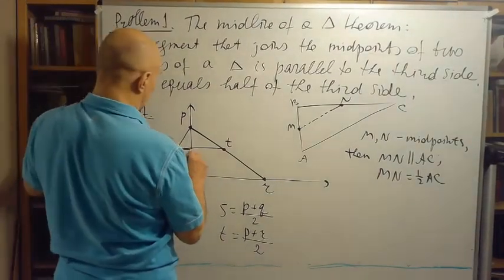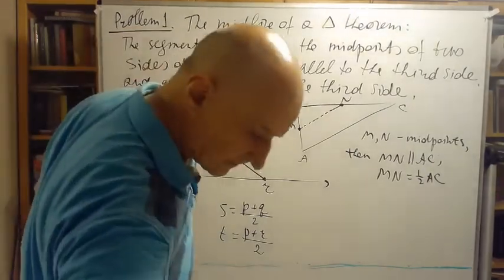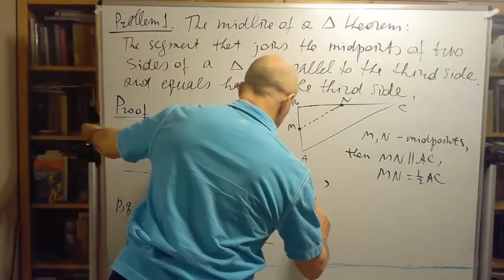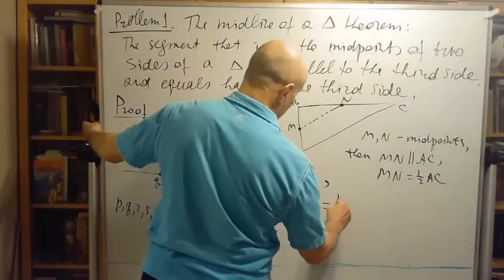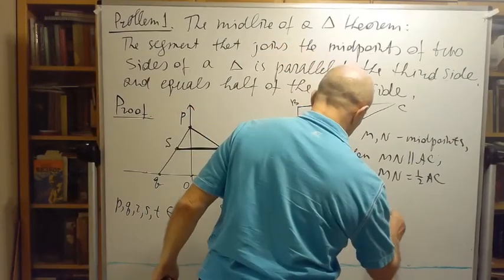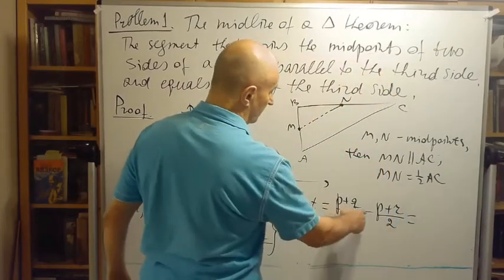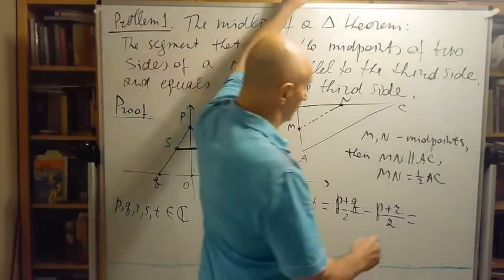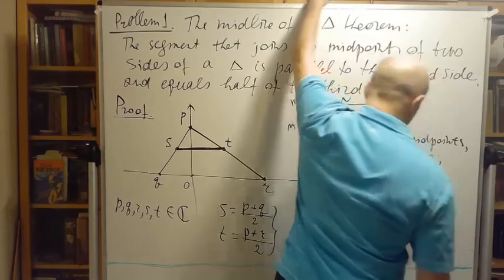This segment is presented by the complex number S minus T. So S minus T equals, I will substitute, (P plus Q) over 2 minus (P plus R) over 2 equals P over 2 and P over 2 will cancel each other. It will be Q over 2 minus R over 2. It will be (Q minus R) over 2.